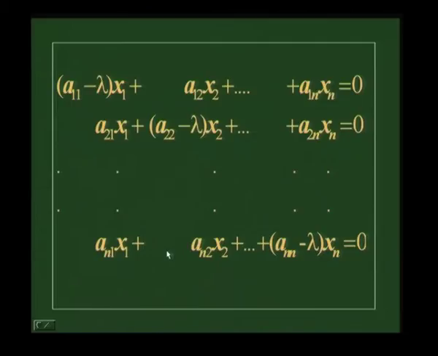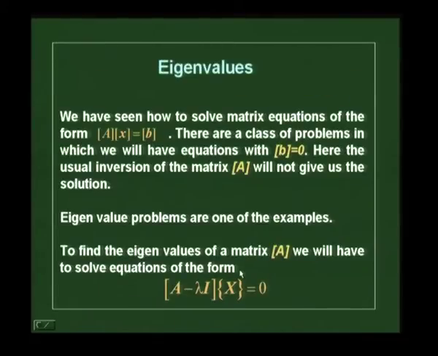So we have a matrix equation of this form: A11 - λ, A12, up to A1n, then A21, A22 - λ, and so on, multiplying x1, x2, etc., equal to 0. That is the set of equations which we just saw in matrix form. Normally, if you have an equation of this form, we could find the inverse of this matrix and multiply it with b to get the solution x.